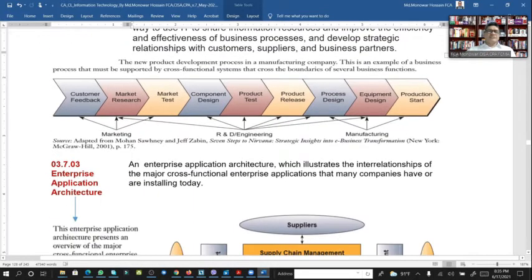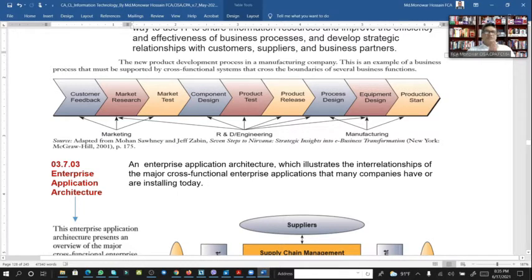So if we look here, the new product development process within a cross-functional manufacturing company is an example of a business process that must be supported by cross-functional systems that cross the boundary of several business functions. First, if you see the below side: marketing, research and development, engineering, manufacturing.